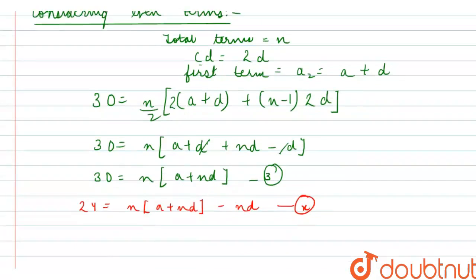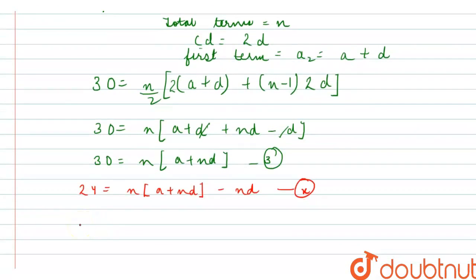Using equation 3 in x, what do we get? We get 24 is equal to 30 minus nd. From here we get nd is equal to 6. So this is the value of nd we get.